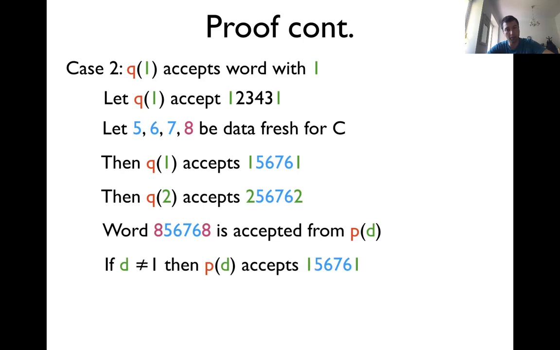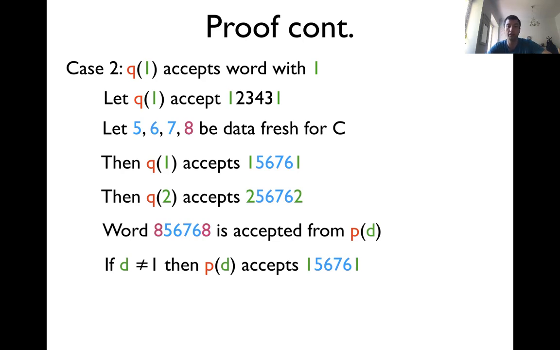But we can observe that if data value D is not equal to 1, then P of D does not distinguish between 1 and 8, because D is not equal to 1. So if it accepted 8, 5, 6, 7, 6, 8, then it accepts also the same word with 8 changed to 1.